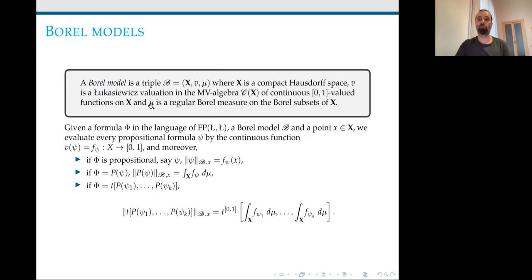How to interpret formulas in this kind of model now? Well, it's trivial, because previously we were interpreting P of phi as the state of phi. And here, since the state is the integral of that function, we just interpret the formula P phi as the integral of the function associated to it with respect to the Borel measure that is attached to the model we are considering. And compound formulas are defined in a similar way.